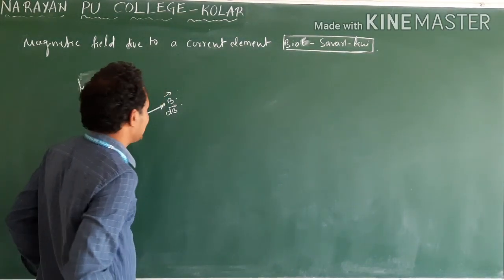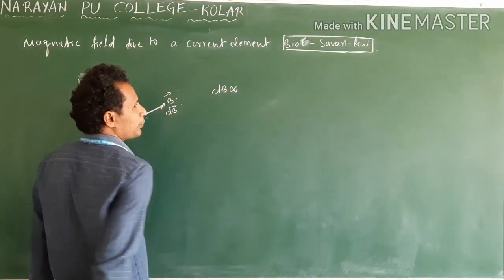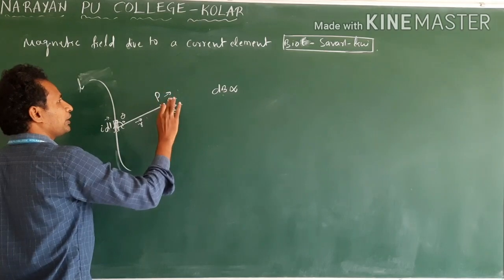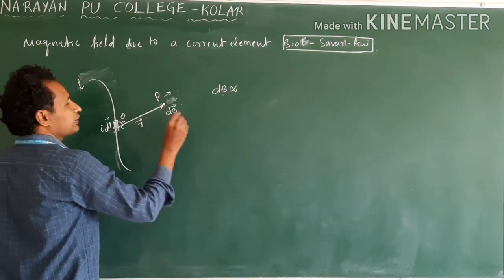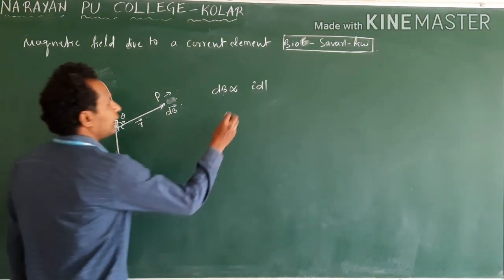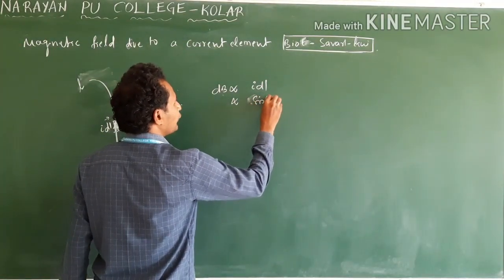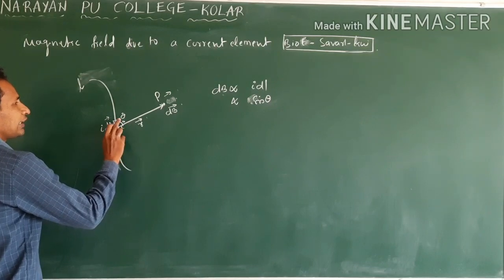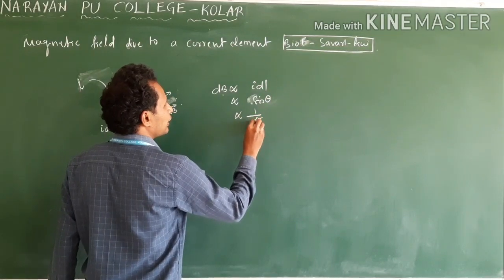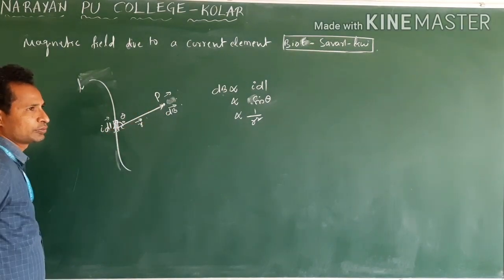According to the Biot-Savart law, the strength of the magnetic field dB at a point, let us say P, is directly proportional to the current element I dl, directly proportional to the sine of the angle between the position vector and the current element, and inversely proportional to the square of the distance between the current element and the given point.